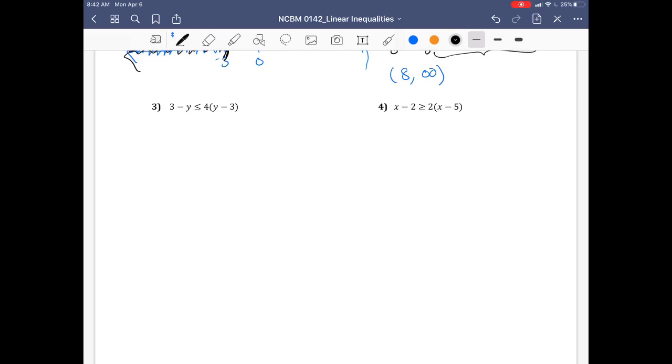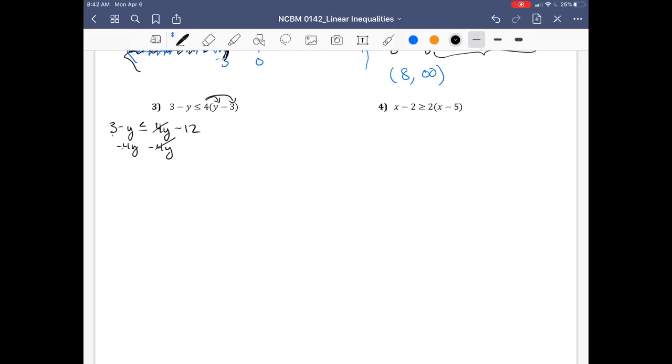Again, you're just solving as a regular linear equation. So I'm going to distribute that 4. So I have 3 minus y is less than or equal to 4y minus 12. Minus 4y.